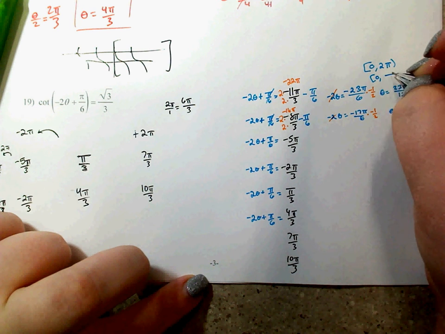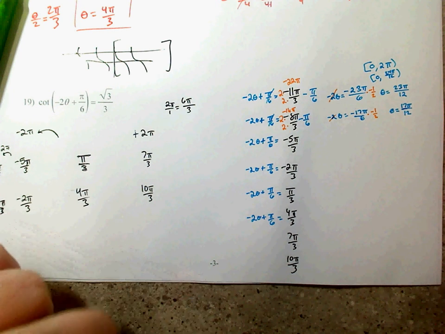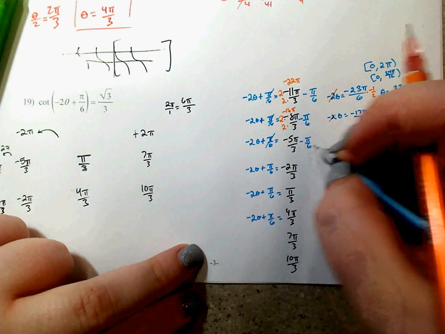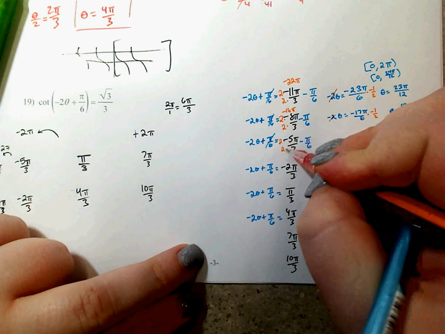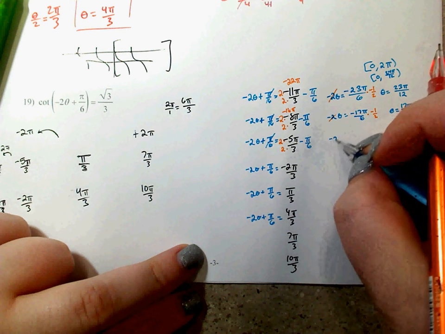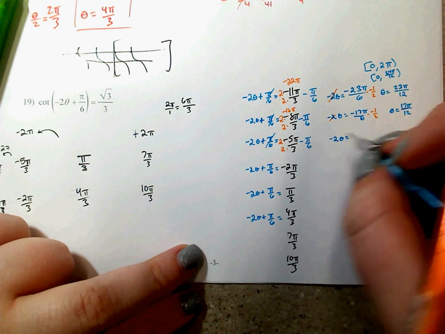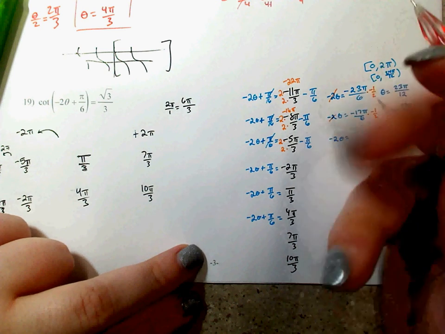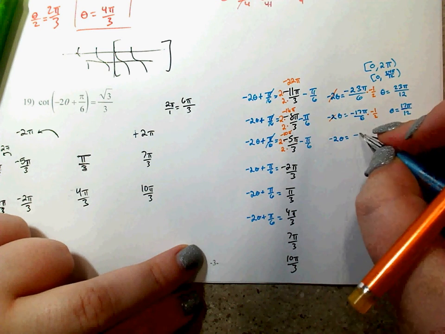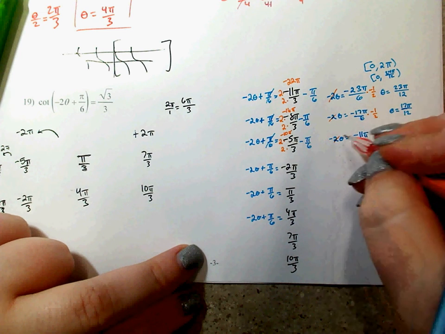So I'm going to subtract pi over 6, multiply by 2, and you get negative 2 theta equals negative 10 pi minus 1 is negative 11 pi over 6. Multiply by negative 1/2, and you get theta equals 11 pi over 12.